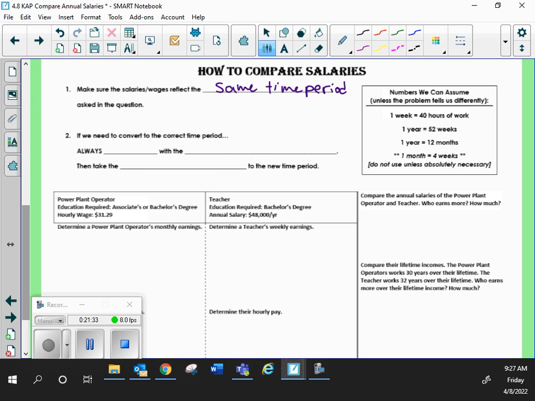If we need to convert to the correct time period, we always want to start with the original salary, and then take the shortest route possible. I'll show you what that means.